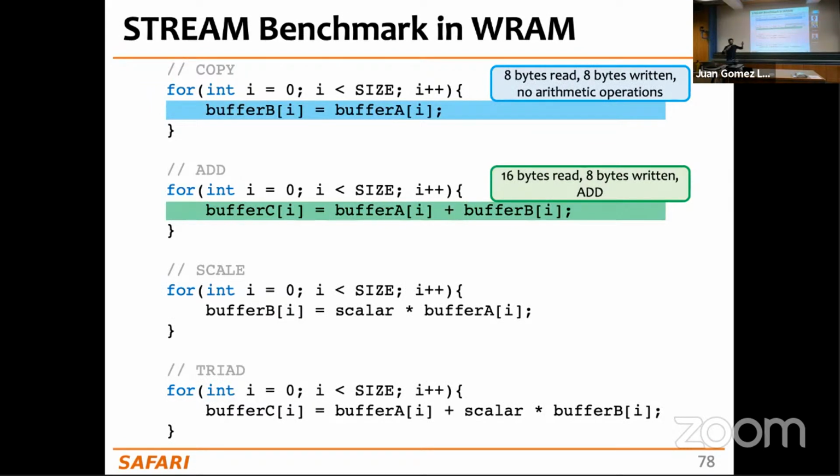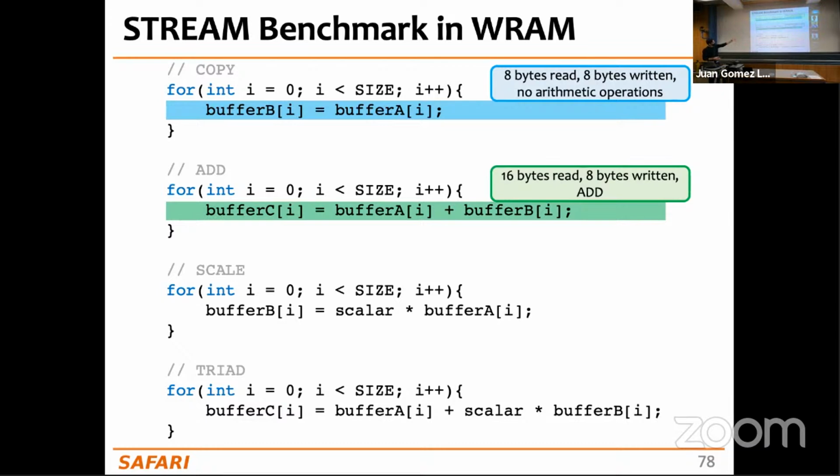We access a certain array in memory, in this case in WRAM, and we go in a streaming access, so accessing all elements one by one for, in this case, 2-3 buffers that we have in memory, and we may perform some operation or not. So in the first case, it's just copy, as you see.